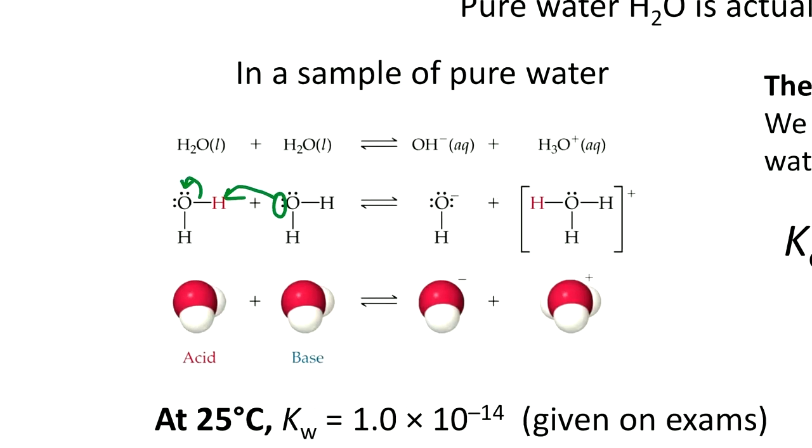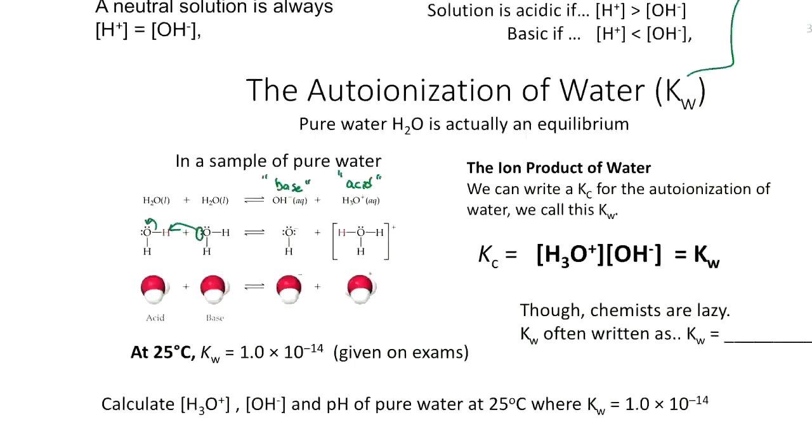So what you see here is that two water molecules can become a hydroxide and a hydronium, basically a base and an acid, essentially. Right? This happens just a tiny, tiny, tiny bit. This autoionization, this chemical equilibrium, it's an equilibrium, look at that arrow, has a very small number.